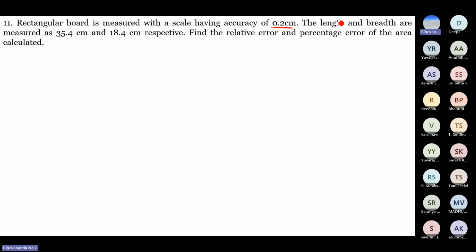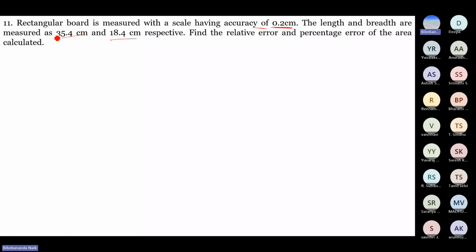When you calculate it, we want to calculate the error, but we don't know the error in measurement of these values. But as you can see, it is written that the scale has accuracy of 0.2 centimeter.